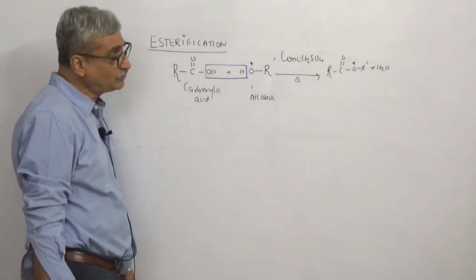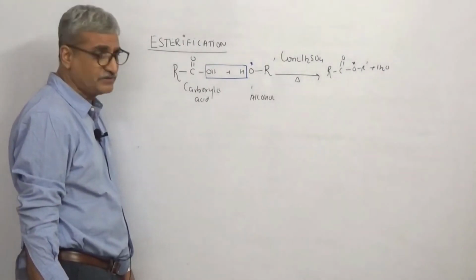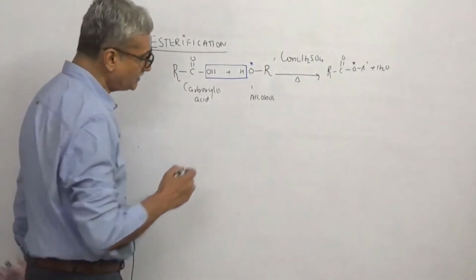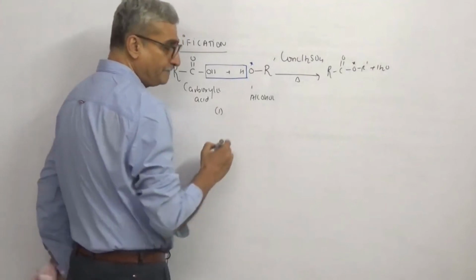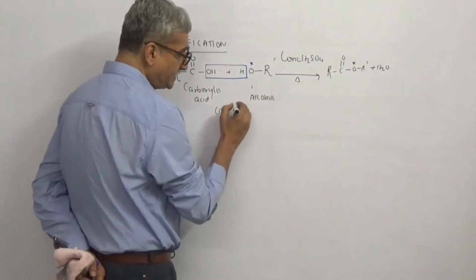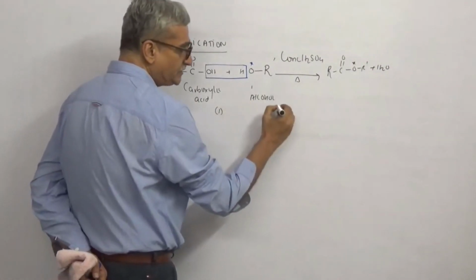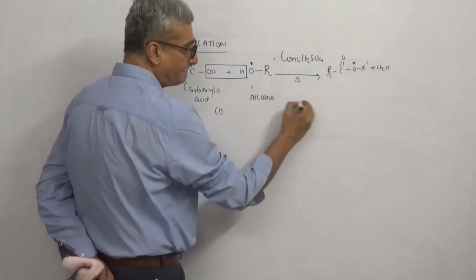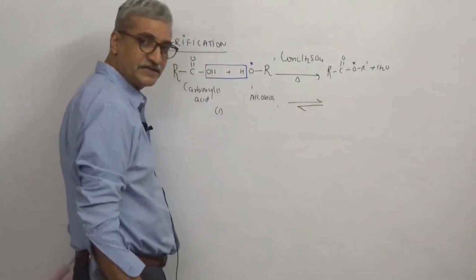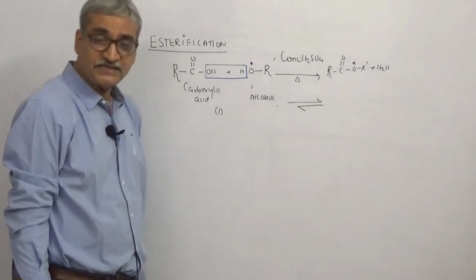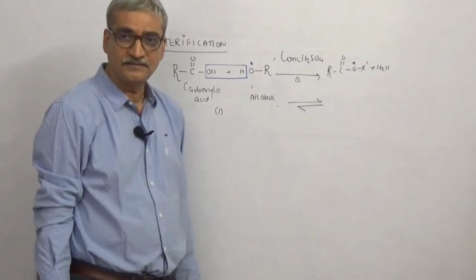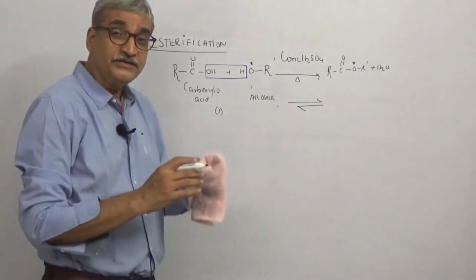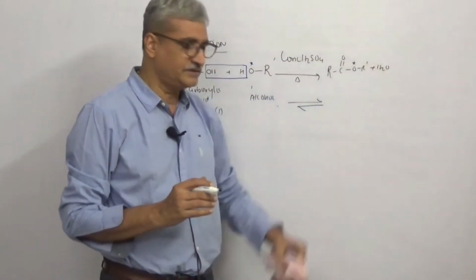So what are the 2 points? Why do we need concentrated sulfuric acid over here? First and foremost, this reaction is a reversible reaction. If the reaction is reversible, how do we shift the equilibrium to the right?